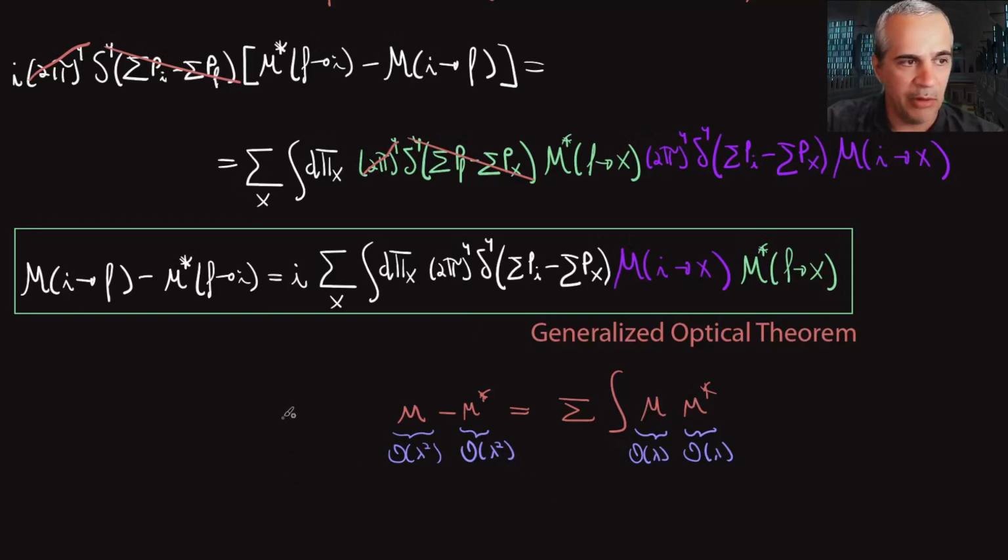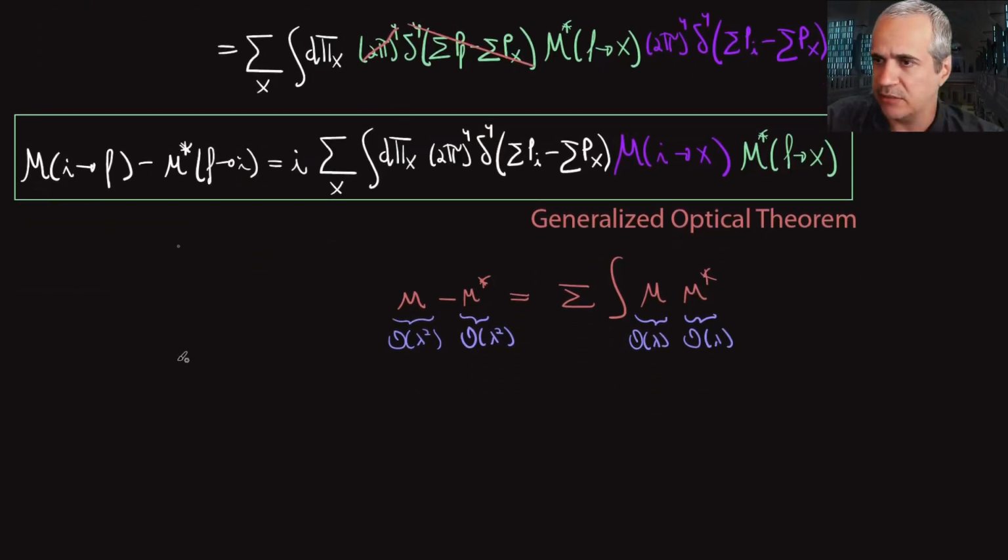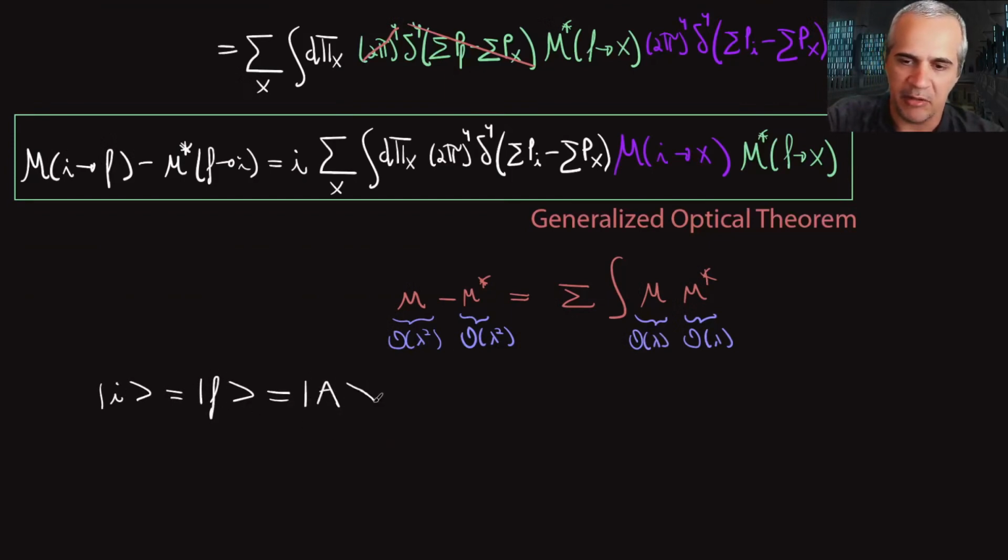Now, let's see what happens when we specialize this for a particular case, which is when the initial and final states are the same. So let's say I get some initial state, some final state. I'm still keeping these guys pretty general, but now I'll just say they are the same and call that state A. In that case, if I go back here, I and F will be the same, and then I'm subtracting this guy from its own complex conjugate.